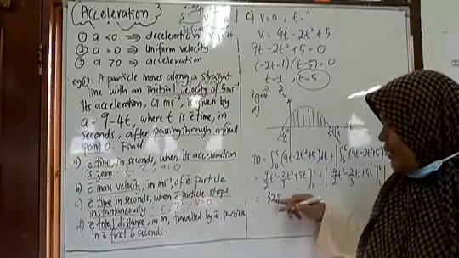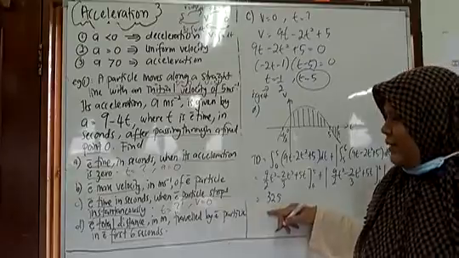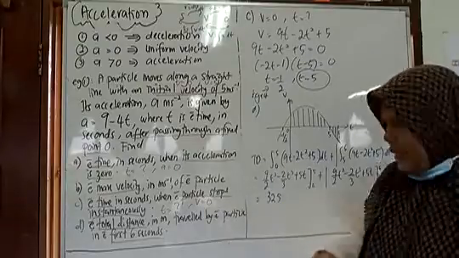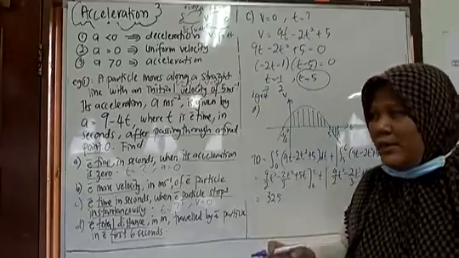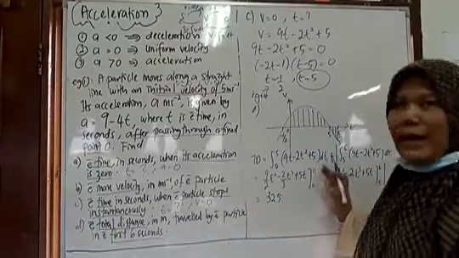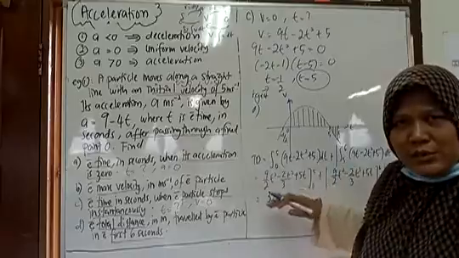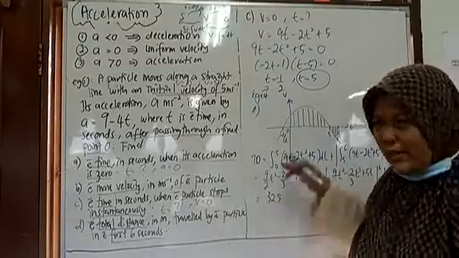Remember, you need to show the substitution. This is the shortcut, but don't do the shortcut. You need to show the substitution of the values, because in the exam the marks are given when you substitute the values. So don't follow this. You need to substitute.